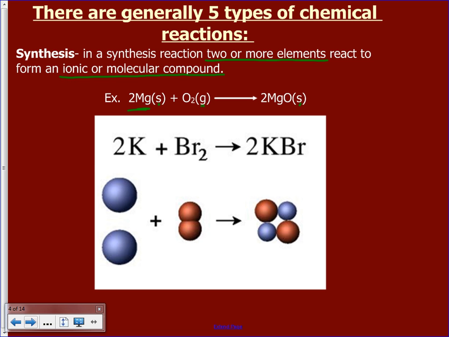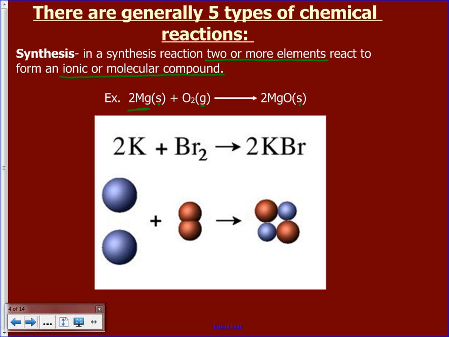when I'm looking at this reaction here in the white box, okay, how many atoms of potassium are there? 2. How many atoms of bromine are there? 2. How many molecules of bromine are there? 1. Okay, do you notice the difference here? Notice that the 2 atoms of potassium are separate, but the 2 atoms of bromine are attached.